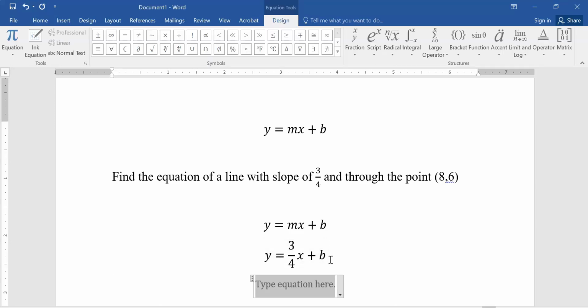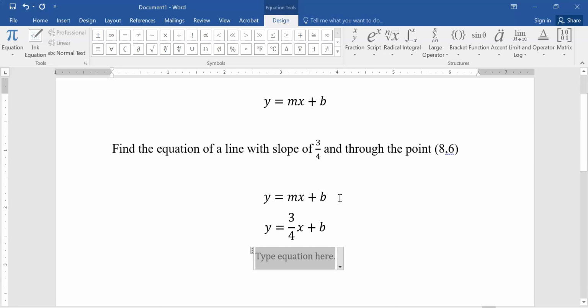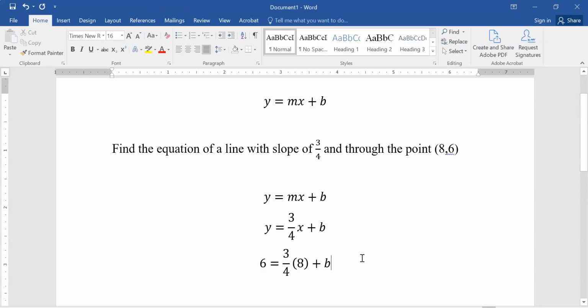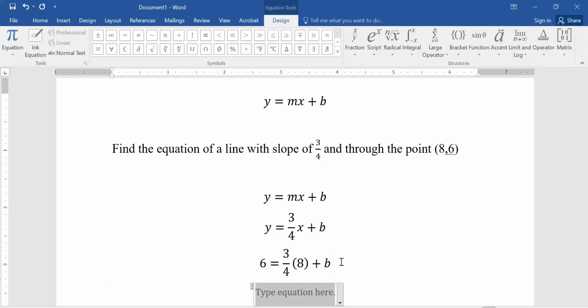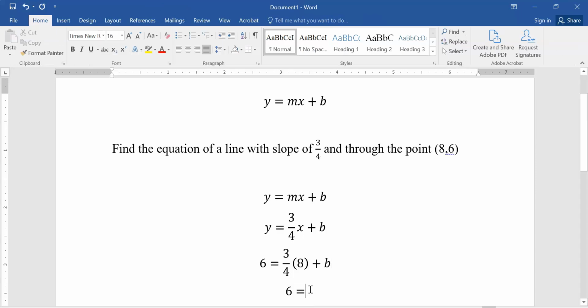So basically, knowing that this line goes through the point 8, 6, I can plug in 6 for y and 8 for x, and I know that this equation here, 6 equals 3/4 times 8 plus b, has to be true. This is an equation I can solve for b. Multiply 3/4 times 8. You end up with 6 equals, well, 3/4 times 8 is in fact 6.